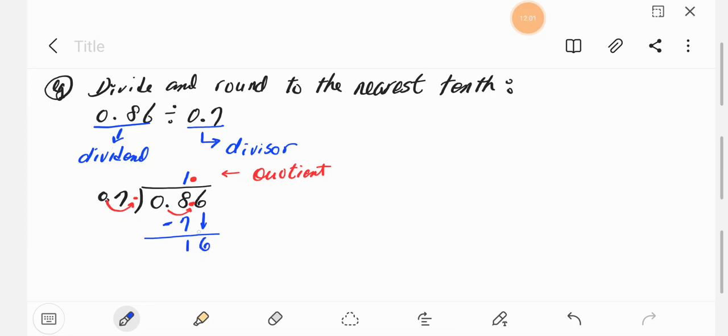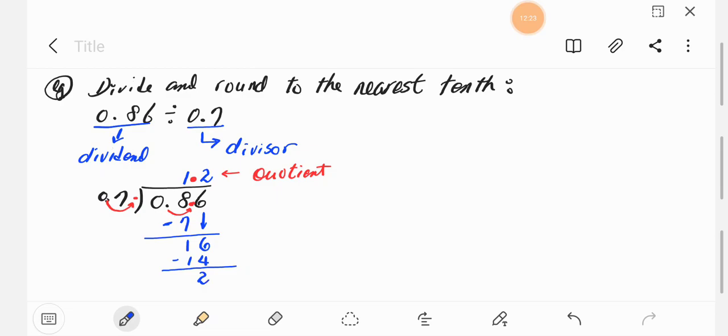And then divide 16 by 7. We still have the decimal point, right? So we just write it in the tenths place. 16 divided by 7, we have 2. 7 times 2 is 14. And then subtract.